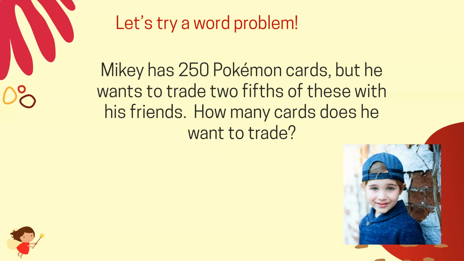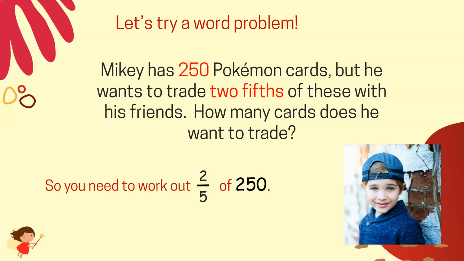The important information is the number of cards we've got originally, that's 250, and the amount of cards that he wants to trade, and that's 2/5. So the calculation we have to do is 2/5 of 250.